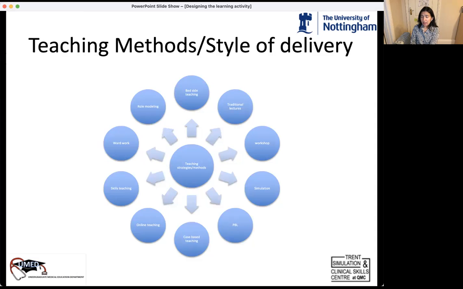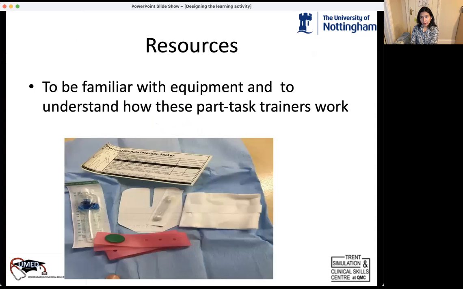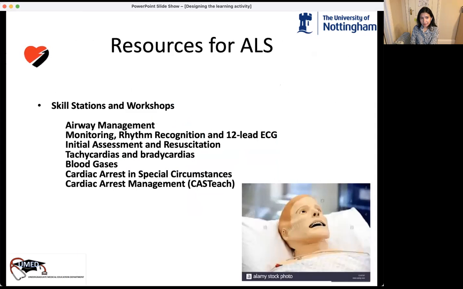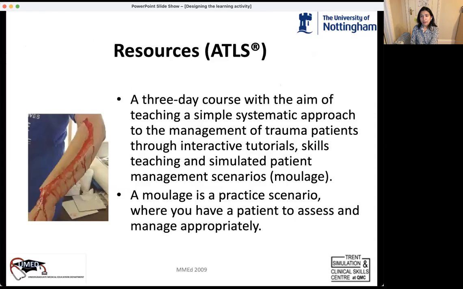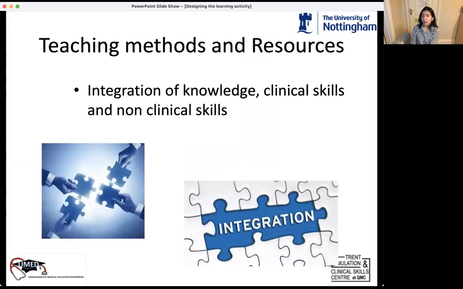We have different styles of delivery and different resources: part task trainers, procedure packs, low fidelity simulation, moulage, simulated patients. We provide them with a bundle of knowledge through lectures and handouts.